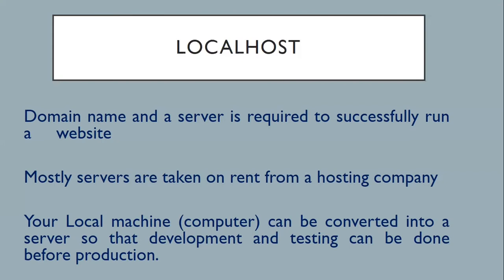And when it's fine, you go live. That's called the production phase. When you deploy your website onto the server, it's called the production, where everyone can access your website around the globe. So you test and develop your website on your local machine.